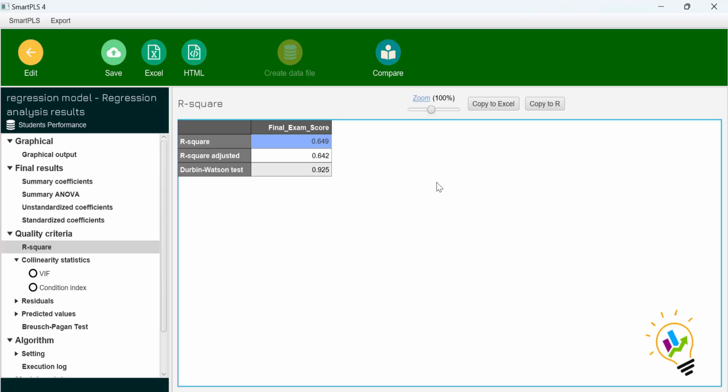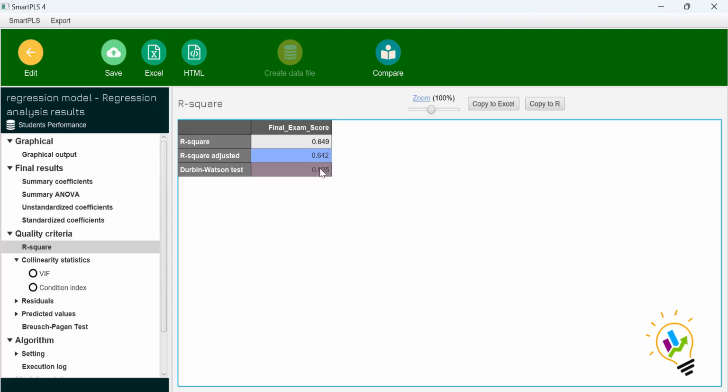This is a good R square value, which indicates that the model is a good fit for the data. This is the R square value adjusted by the number of independent variables in the model. The R square adjusted value is 0.642, is slightly lower than the R square value of 0.649, but it is still a good R square value.